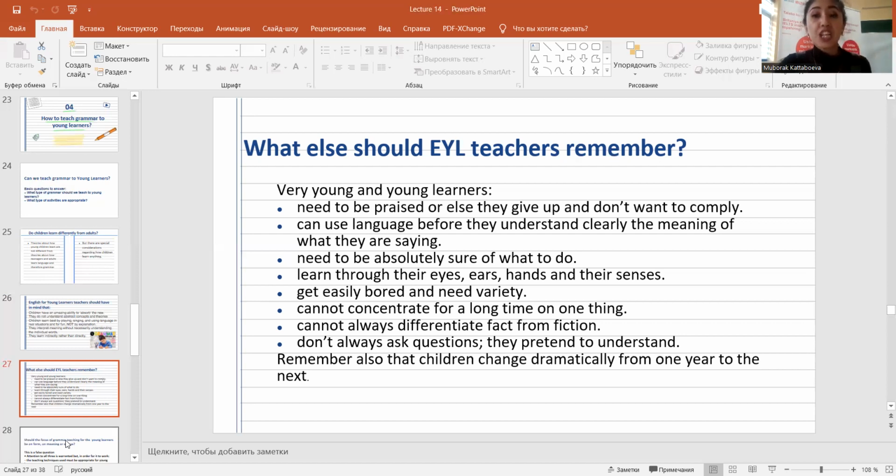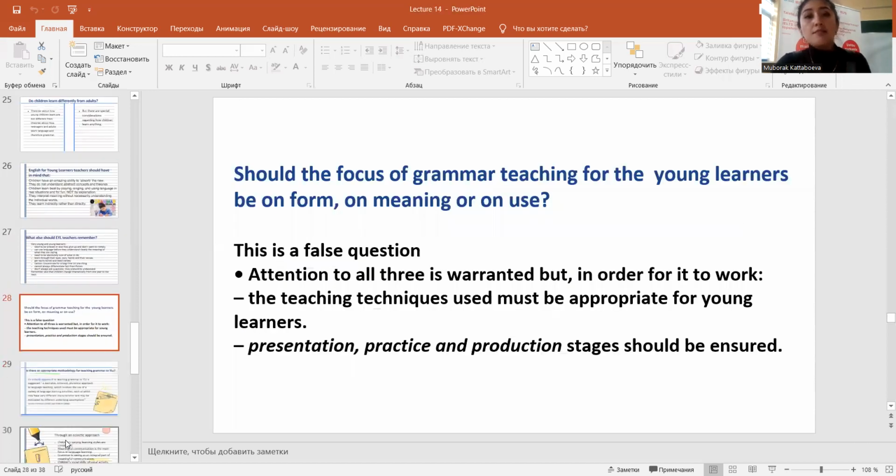Remember also that children change dramatically from one year to the next. So your kids at the first grade will be completely different from the second grade, and the same situation for third and fourth grades. There is a question. Should the focus of grammar teaching for the young learners be on form, on meaning, or on use?